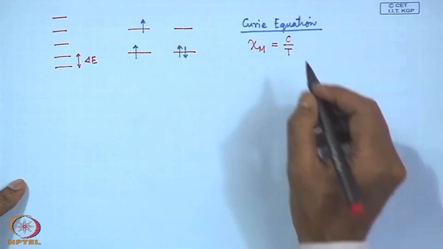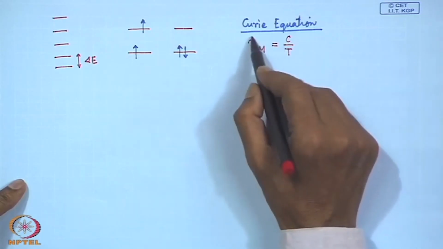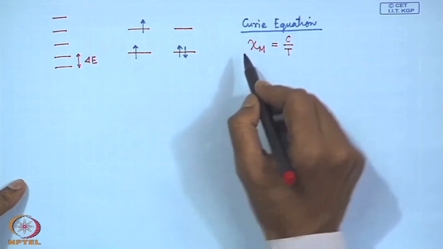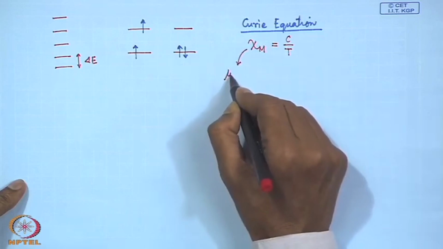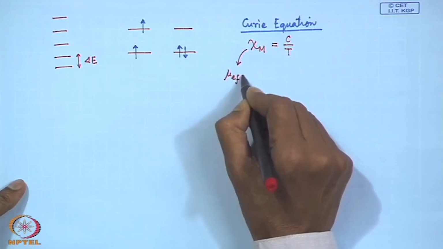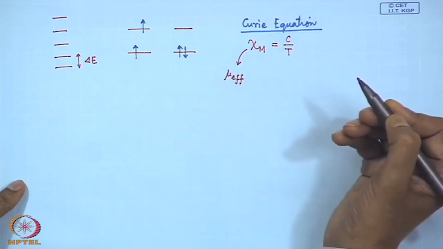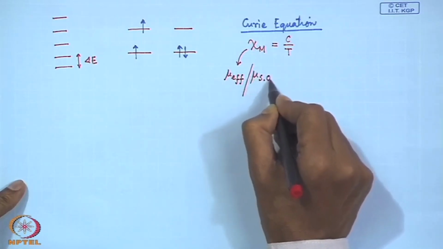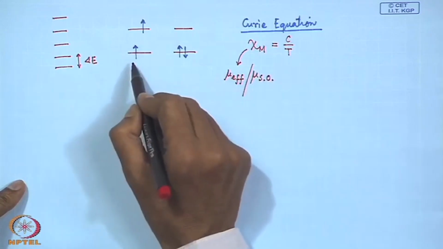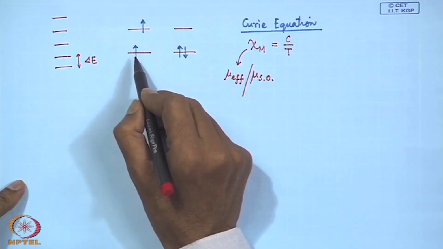So that we have seen in our last class, that this particular term, the molar susceptibility, is very much related to the corresponding mu effective value or the mu spin only value, if we are considering only the spin magnetic moment or spin angular momentum.